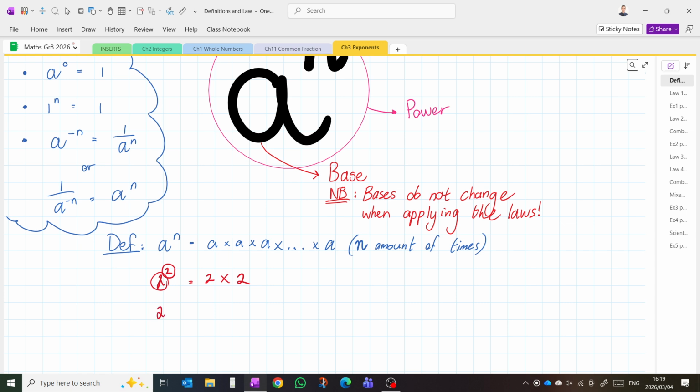If I say 2 to the power 4, same thing, but now the base of 2 is being multiplied by itself 4 times. And that's how we can continue. The exponent is going to tell you how many times the base is being multiplied by itself. That is what an exponent does. Okay.